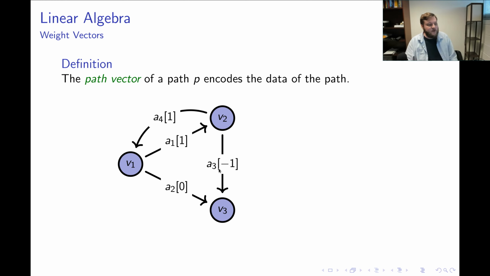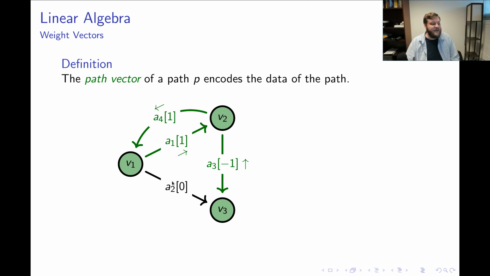For this particular path, note that A3 is carrying a -1. That means in the path we went against A3. Notice that A4 is carrying a 1, which means the next thing we did was we traveled with A4. Then notice that A1 is carrying a 1, which means we traveled with A1.